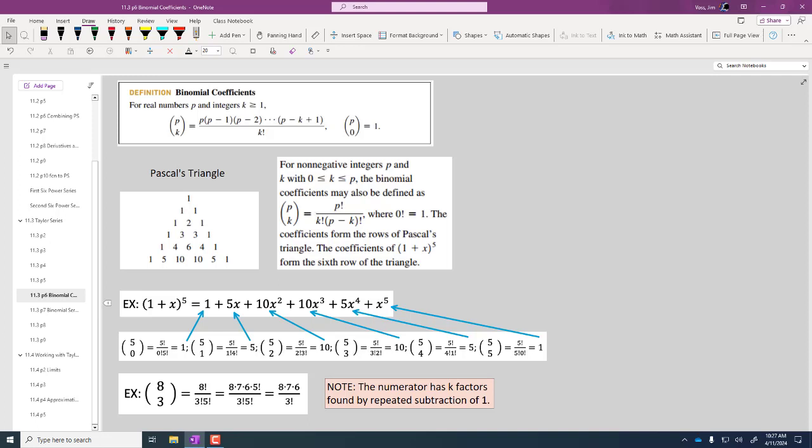This is how you'll learn it in a stats class. Everything is a positive integer, so all of these factors make sense when you're dealing with positive integers. 2 factorial, 3 factorial, whatever.